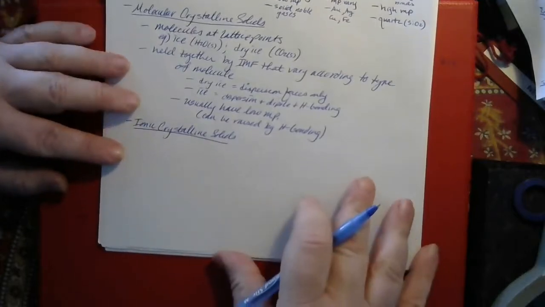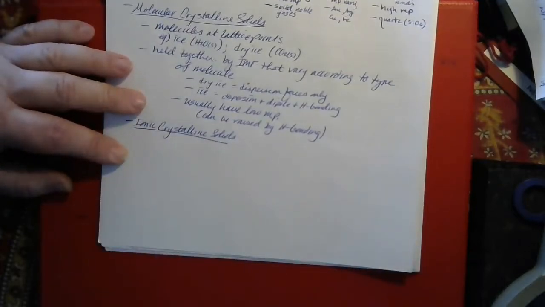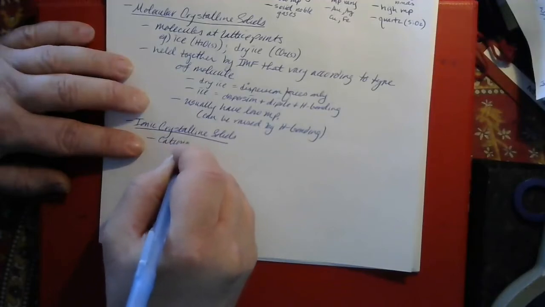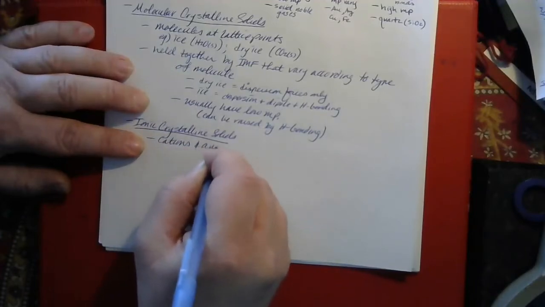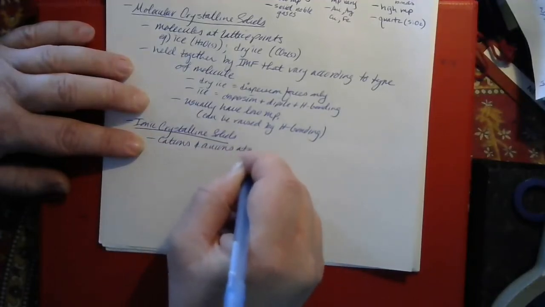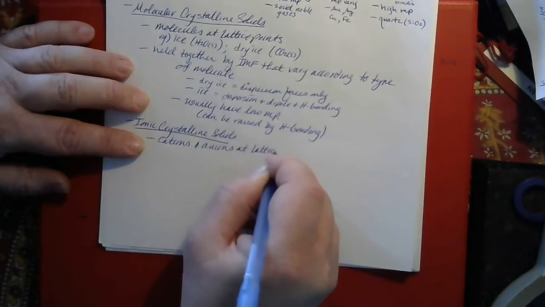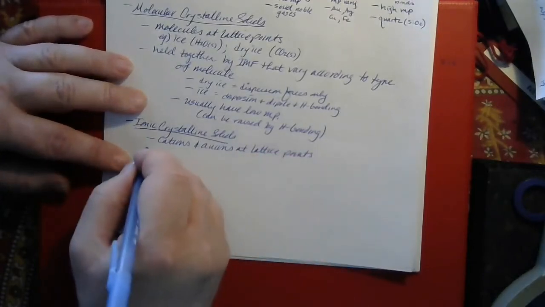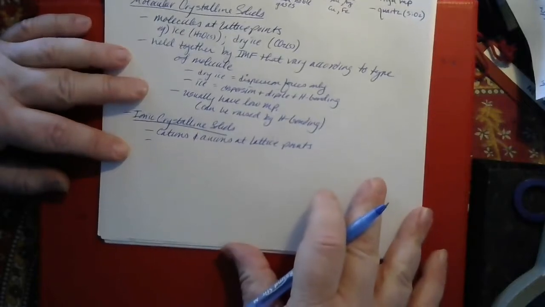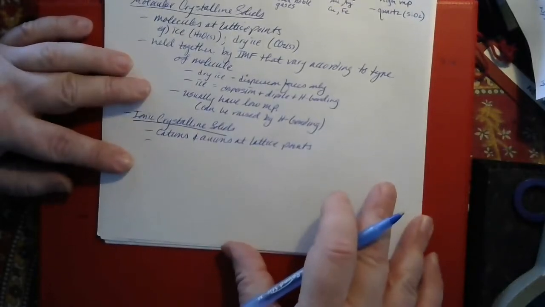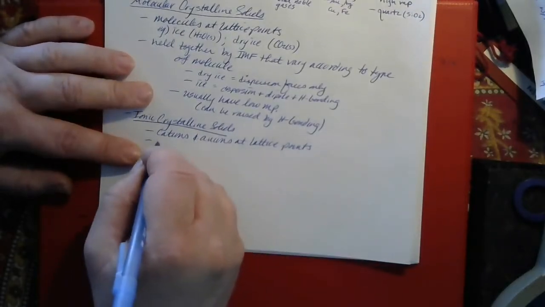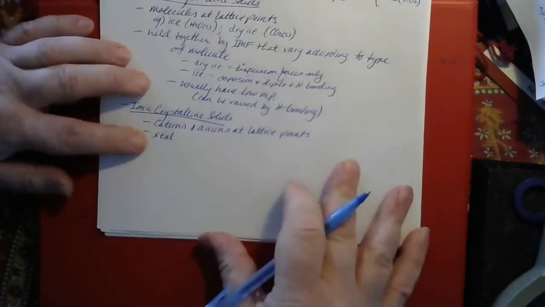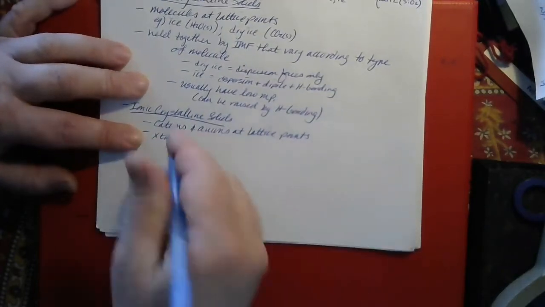And so the ionic crystalline solids are made up of cations and anions at lattice points. The crystal structure is one that maximizes the coordination number. Oh, XTAL is an abbreviation for crystal.